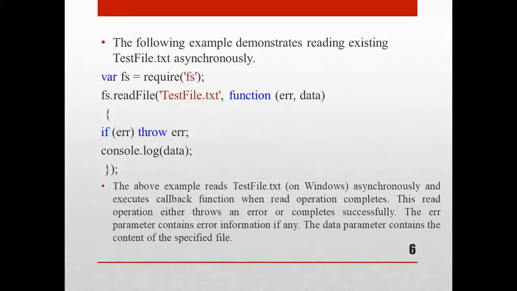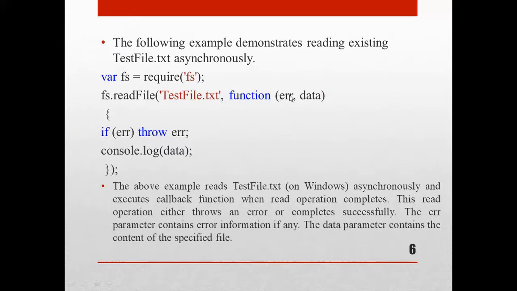Then you can see the example here. The following example demonstrates reading an existing file. Here one file is there, test file.txt. We have to read this file. For that, this is the sample code. Take one variable fs, where fs equals require, inside the brackets, the fs module. Then use the readFile method of fs: fs.readFile, give the file name in single quotes with the extension, comma, then write one function for the callback, with error comma data.